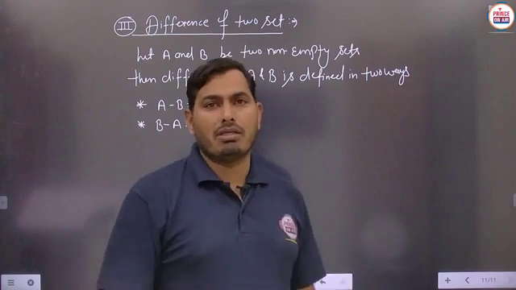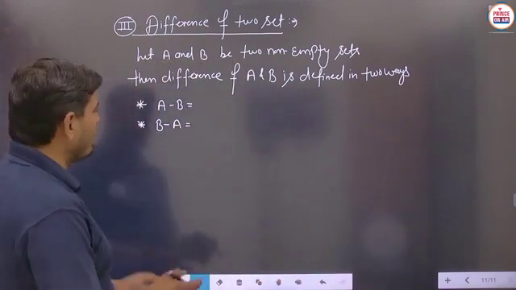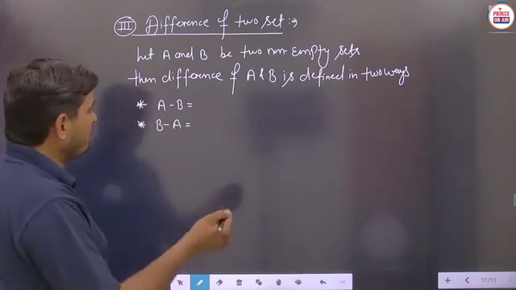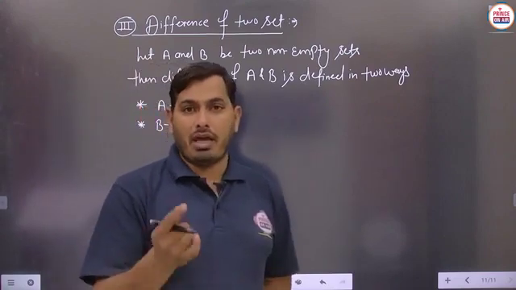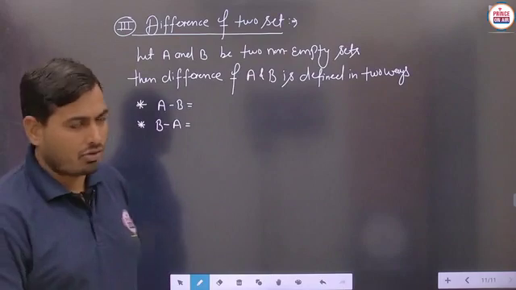Then what should be the basic meaning and the basic property behind the difference of two sets, A minus B or B minus A? A minus B is the set containing only the elements of A. Is it clear?